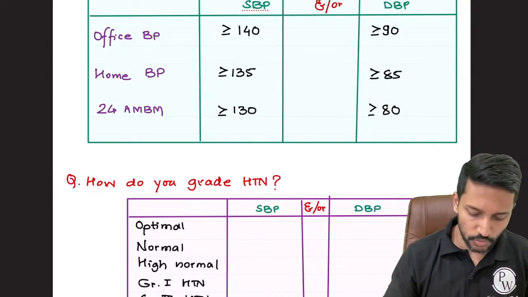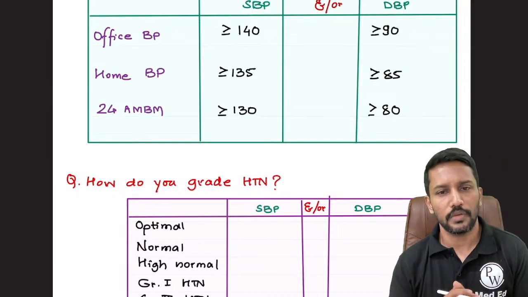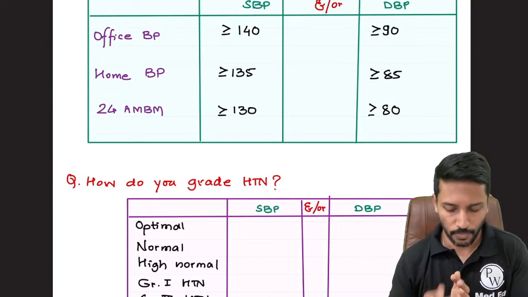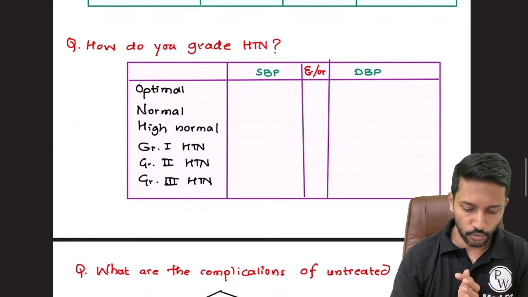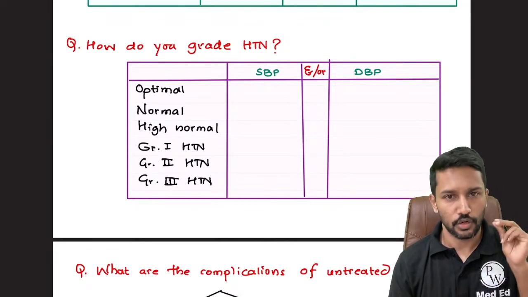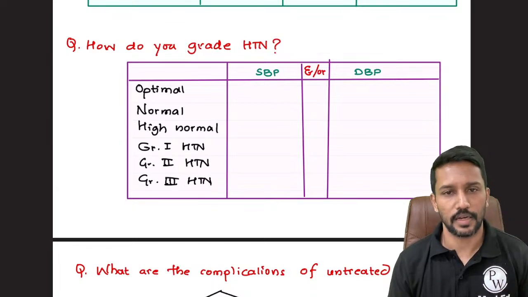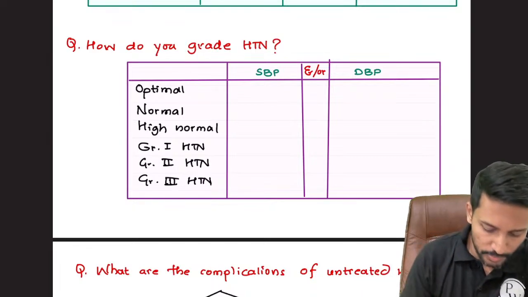Now, once we know the values for diagnosis of hypertension, we also have to grade the hypertension. There is a grading that is followed in European Society of Hypertension 2023, where we have optimal BP, normal BP, high normal BP, grade 1, grade 2 and grade 3. So what is the optimal BP?